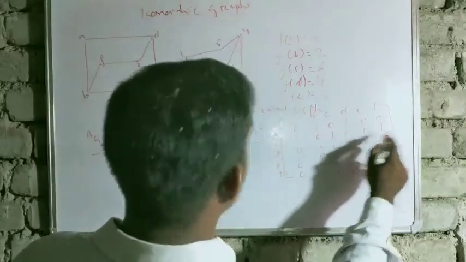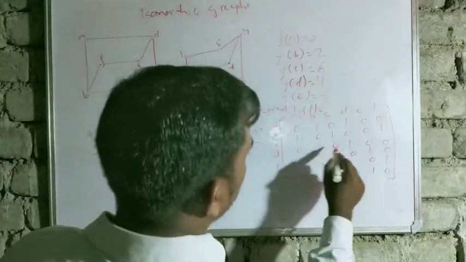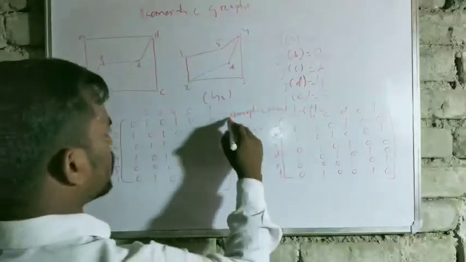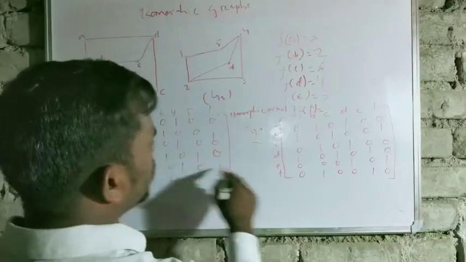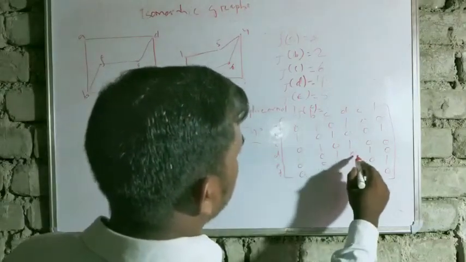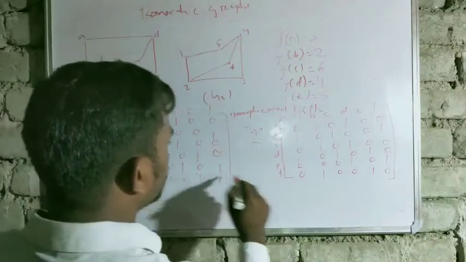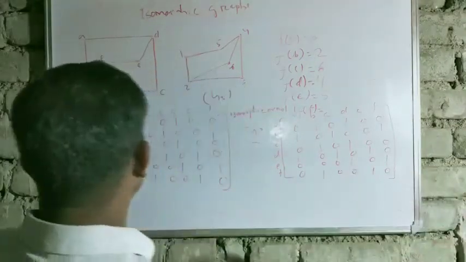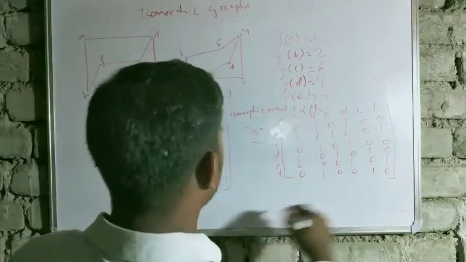Then the third row is 0 1 0 1 0 0. Correct. Then the fourth row is 1 0 1 0 1 0. Correct. And the remaining rows match as well.